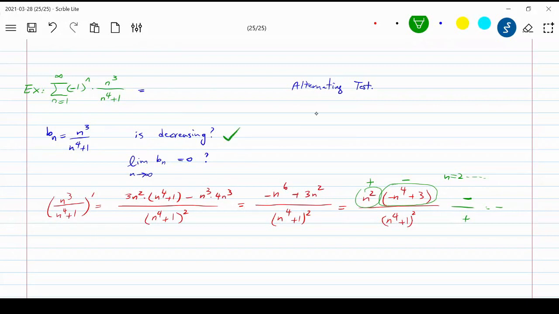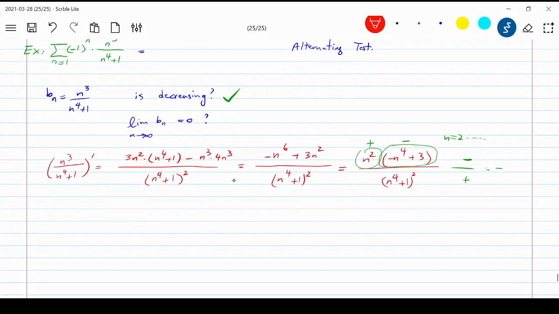And does the limit approach 0? So let's calculate the limit of n cubed divided by n to the power 4 plus 1 as n approaches infinity. You can use L'Hopital's rule, or you can divide by n cubed, however you want to do it. 3n squared divided by 4n cubed.